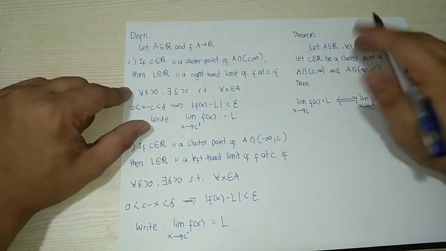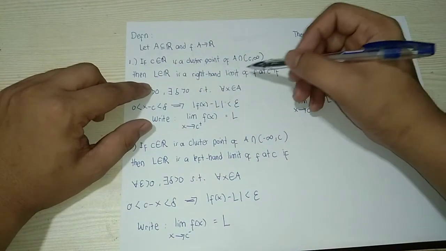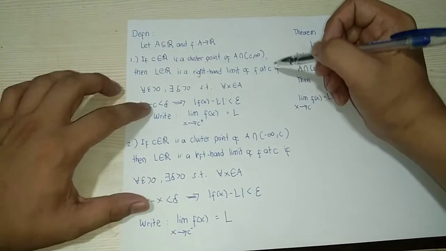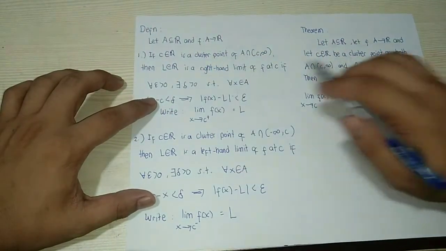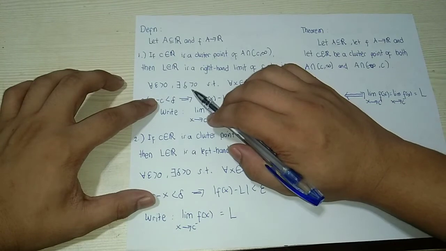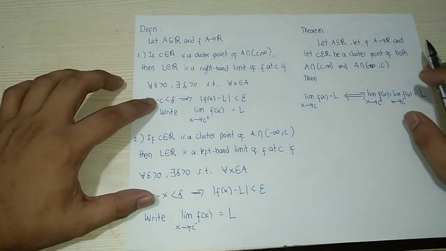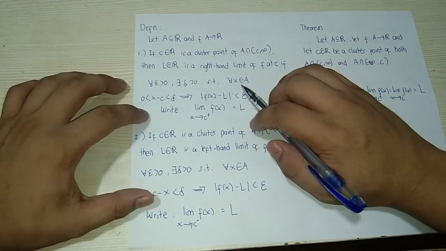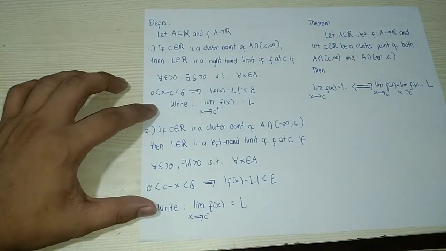Then L, an element of R, is a right-hand limit of f at C if for any positive epsilon, there exists a positive delta such that for all x element of A, 0 less than x minus C less than delta.